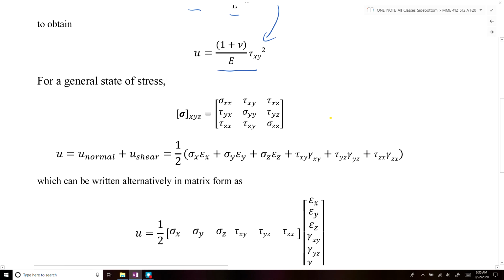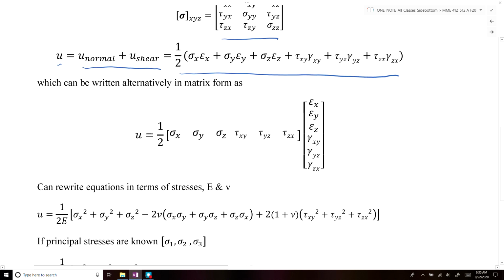If we go to the overall general state of stress, where we have six unique components of stress, we can say that the total strain energy is due to the strain energy from normal stresses and the strain energy from shear stresses, which would be this following equation here.